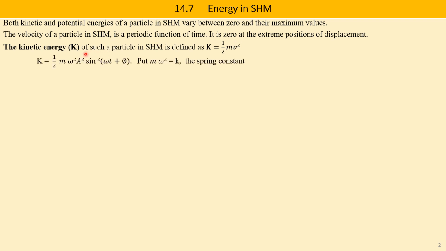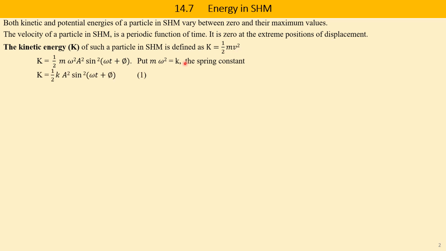The kinetic energy represented by the letter capital K of such a particle in simple harmonic motion is defined as capital K is equal to half into m into v square. Here capital K is the kinetic energy, m is the mass of the particle and v is the velocity of the particle.